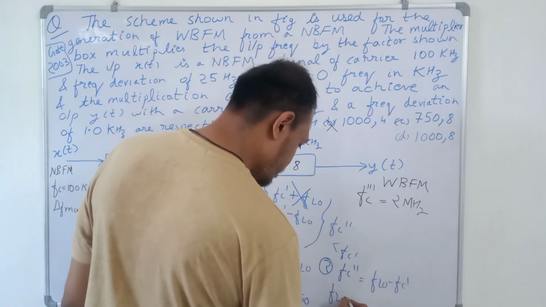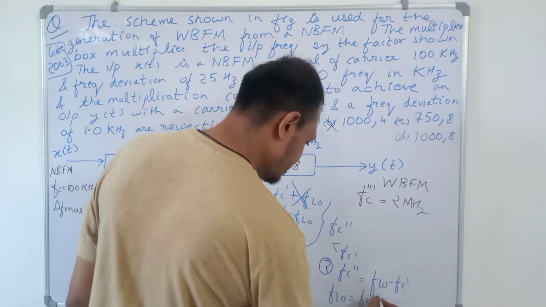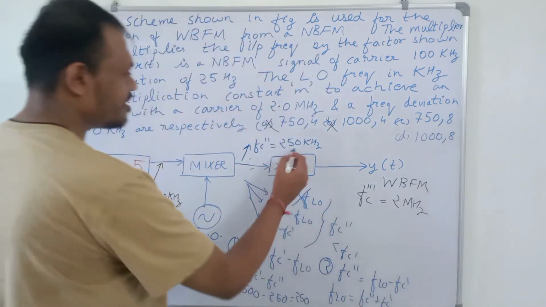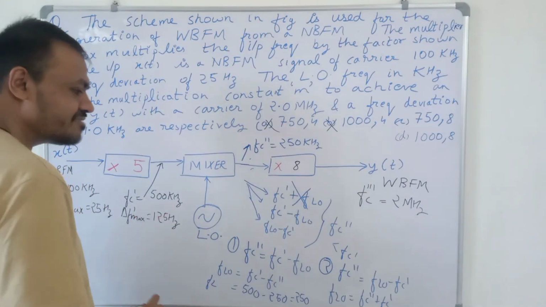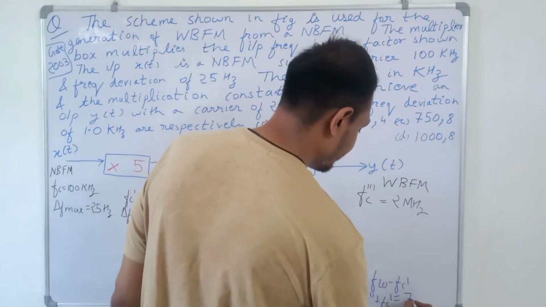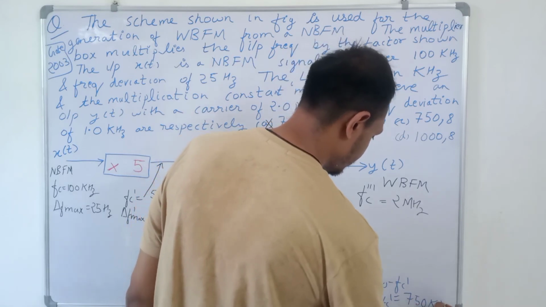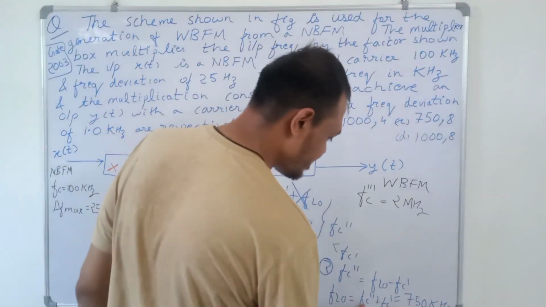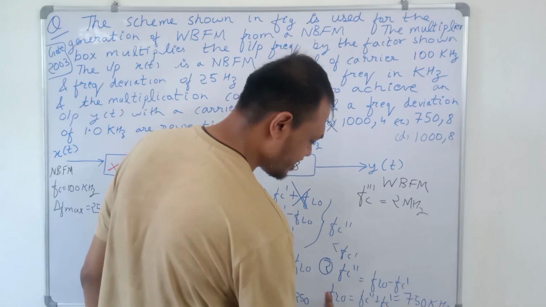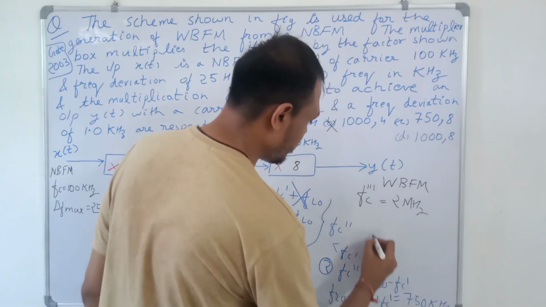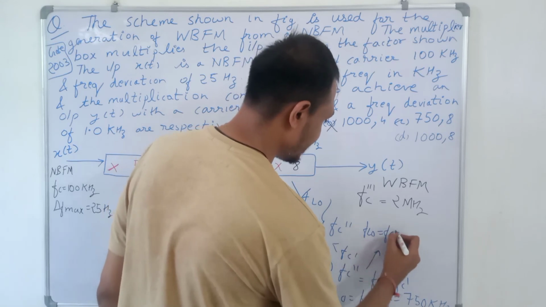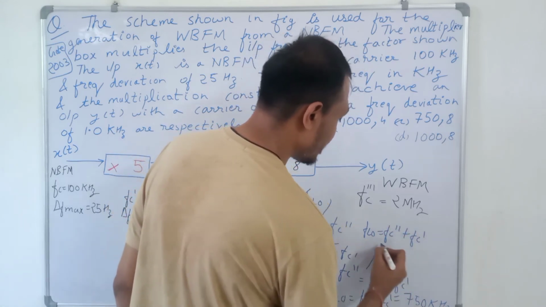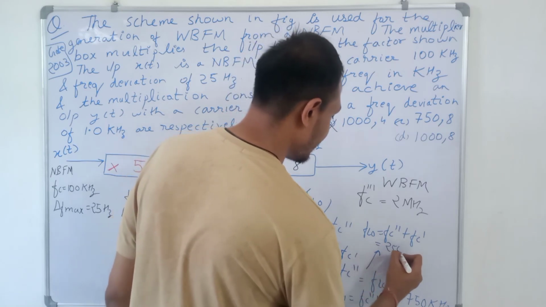So FLO is equal to fc double dash plus fc dash. fc double dash is 250 and fc dash is 500.